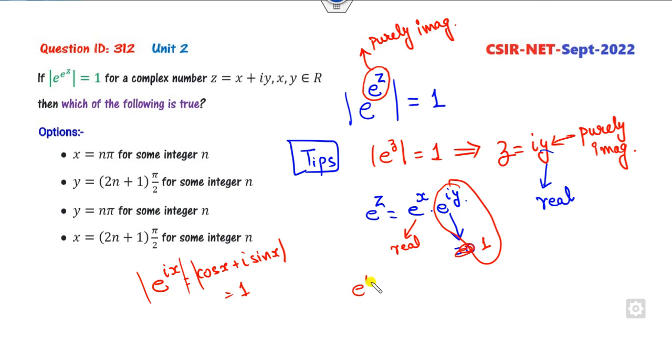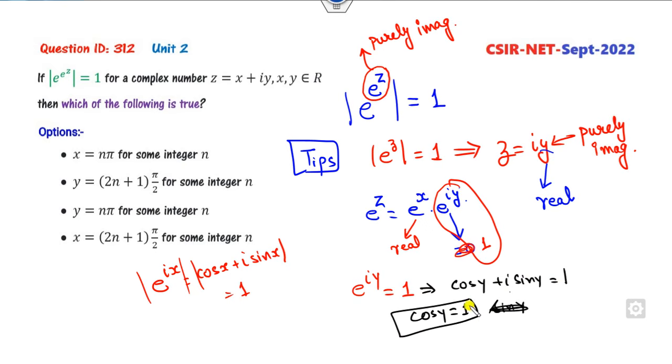So e raised to power iota y will be 1 when cos y plus iota sin y is 1. So it means cos y will be 1. When cos y is 1, it is at the point of (2n plus 1) pi by 2, which is the right answer of this simple problem.